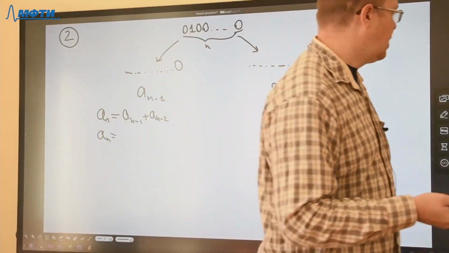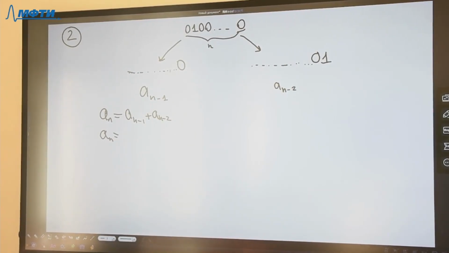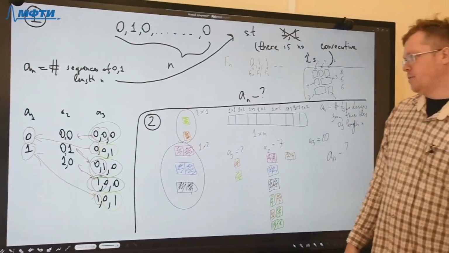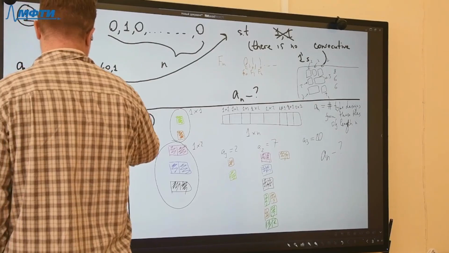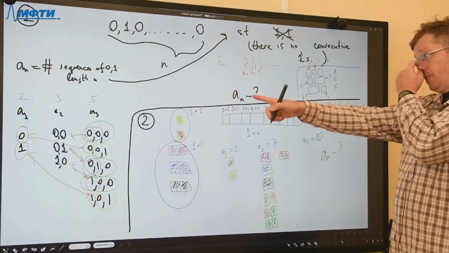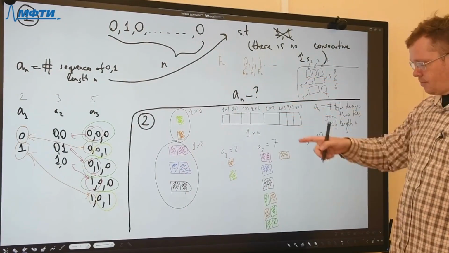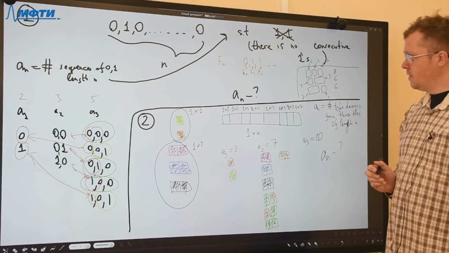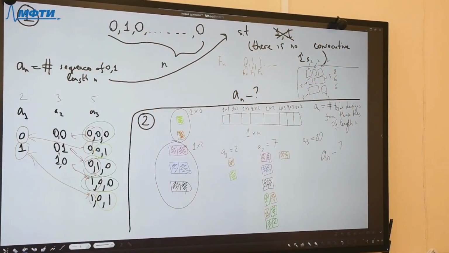But now I just want to assure that actually a_n is similar to F_n. So we start here with 2, 3, 5. As 2, 3, 5 occurs in the Fibonacci numbers, we can try to describe a_n in terms of F_n.